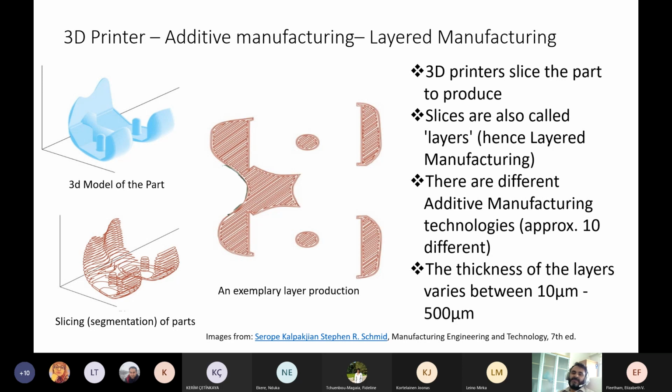There are nearly 10 different technologies in this production category, and they all produce with the same logic. The main difference between them is how these slices or layers are produced, and in different technologies, these layers can be in thicknesses ranging from 10 micron to 500 micron. Once the production starts, no operator intervention is required until it's finished.